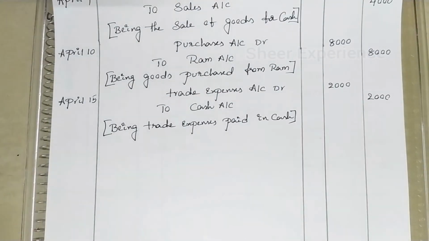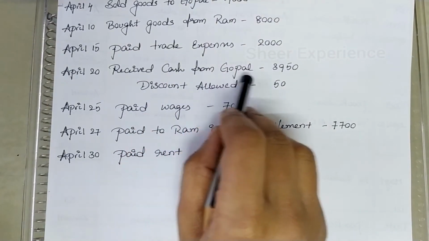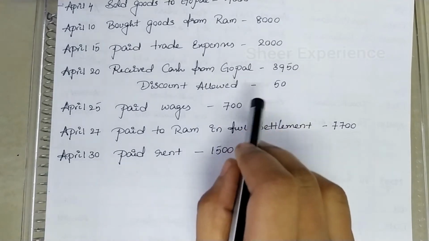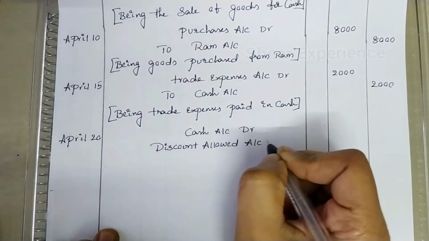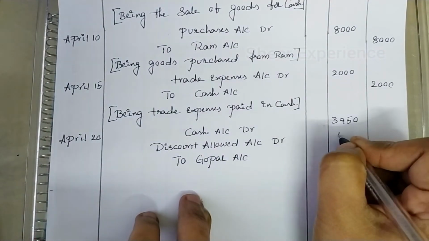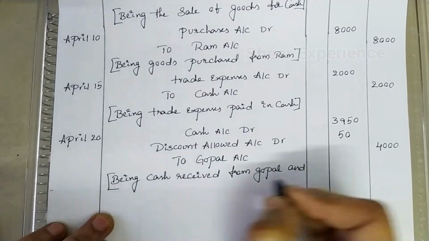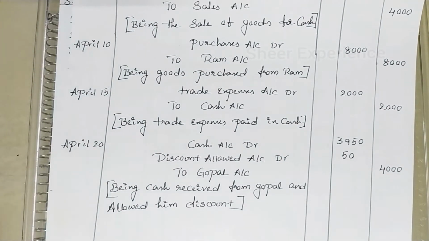Our next transaction is received cash from Gopal 3,950 and also allowed him a discount of 50. So the journal entry is cash account debtor, discount allowed account debtor to Gopal account. Here cash is an asset. Asset comes under real account. The rule for real account is debit what comes in. Cash is coming in.